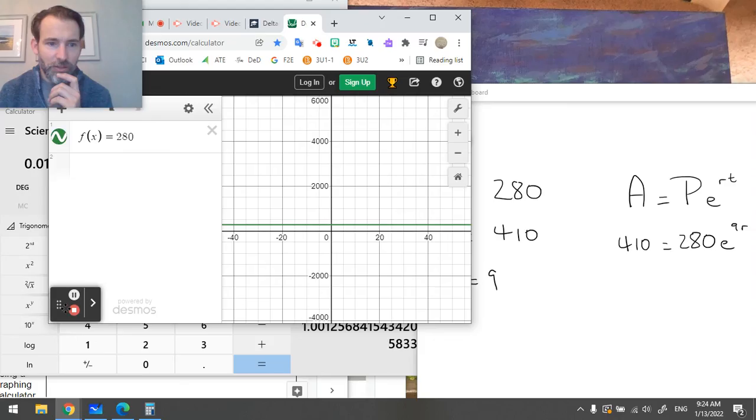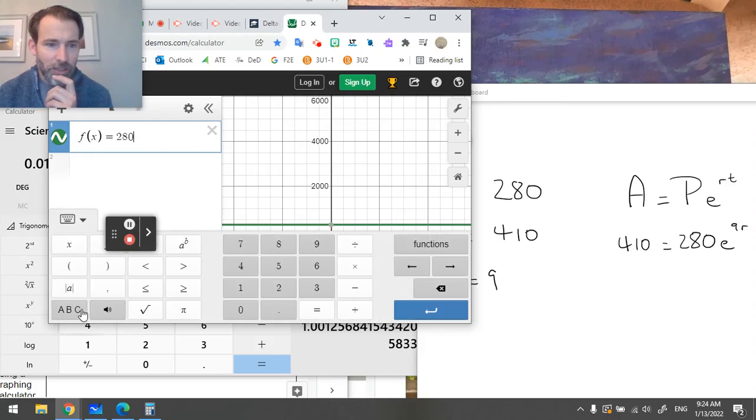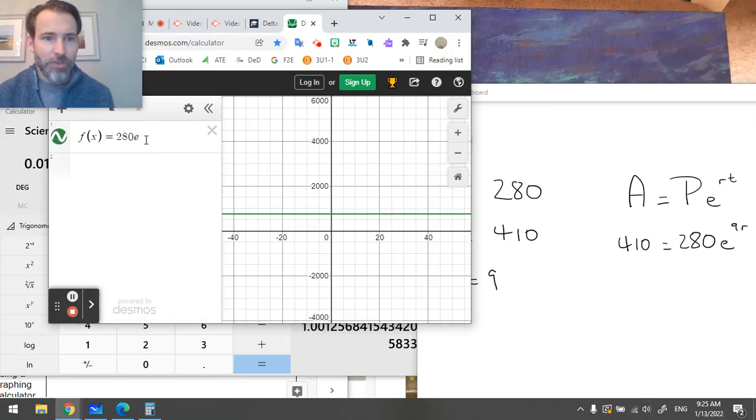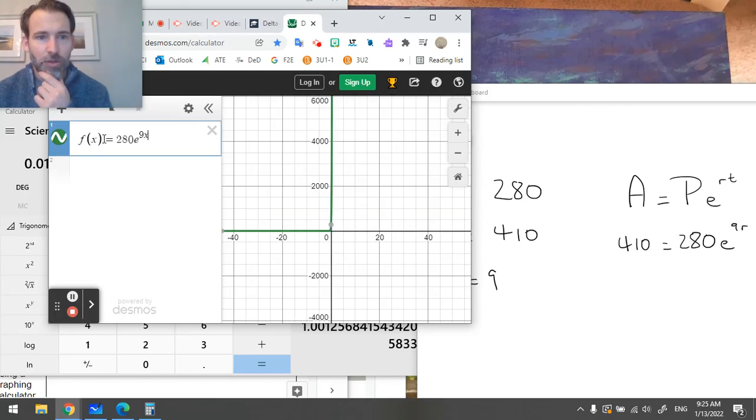There we go. So where is the letter E? Does it just know E? Yeah, it does know E. Okay, good. Desmos knows these things. Of course it does. It's E to the 9x.